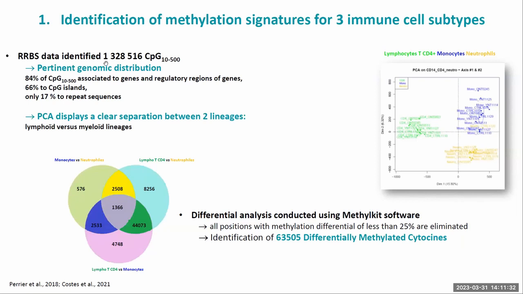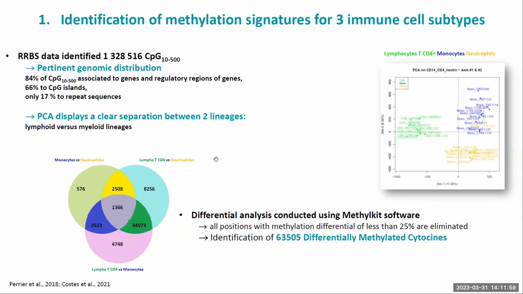And using the methylation information of these CpG, we perform PCA. As you can see in this slide, the PCA clearly separates the three different subpopulations, with a clear separation between the two lineages, lymphoid and myeloid.